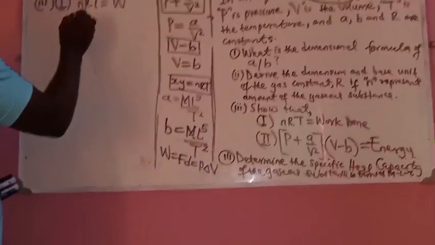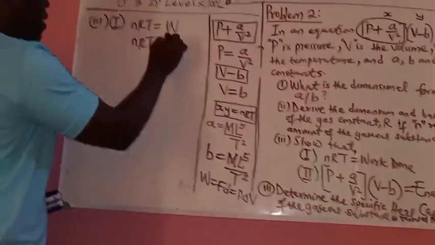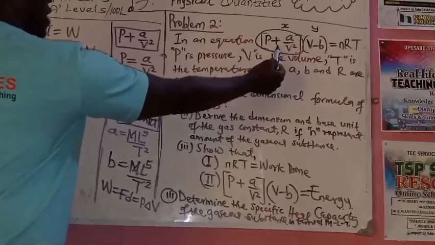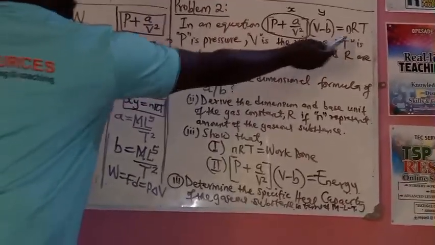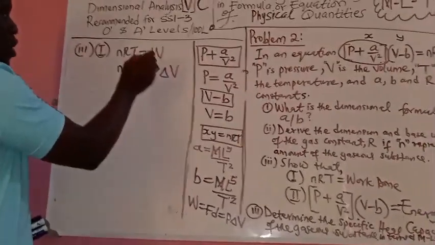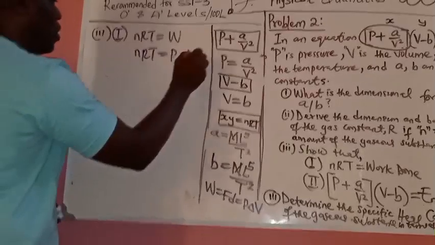So, in a simple way, nRT is equal to P delta V, which is the same thing as the equation given to us. Can you see that? This is pressure, this is volume, and it's equal to this. So once you have an understanding that work done is the same as pressure times change in volume, that means this is true.